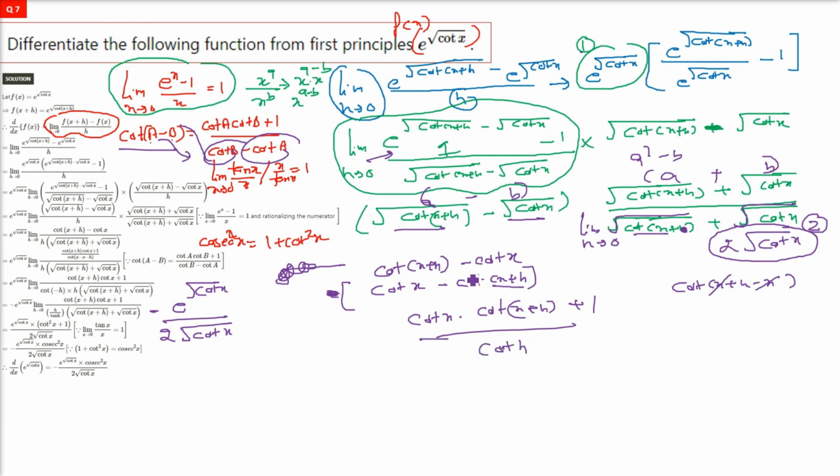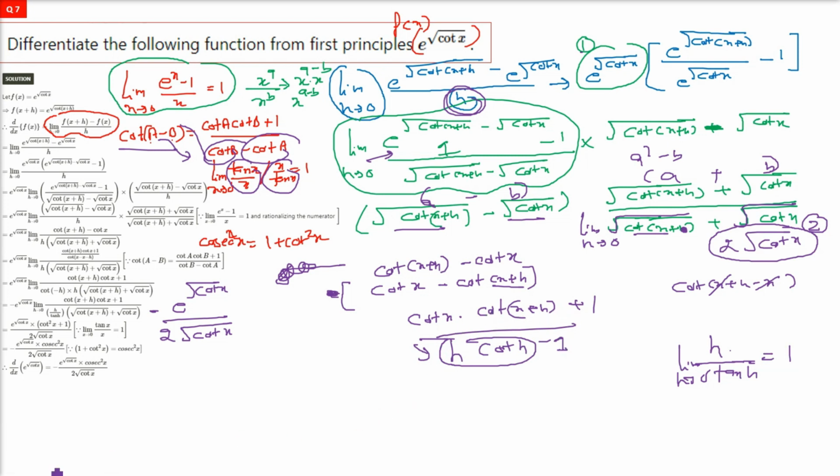So now, see, you can apply the limit again here. You get this cot h, which is h by tan h. I told you tan x by x or x by tan x, limit x tends to 0, is going to be 1. So this whole term in the denominator is 1.